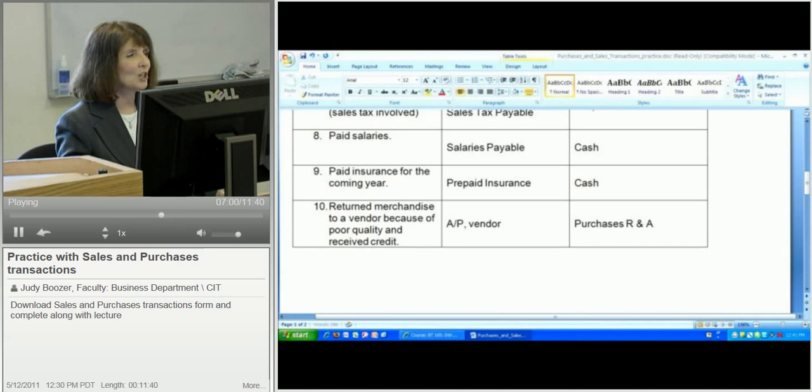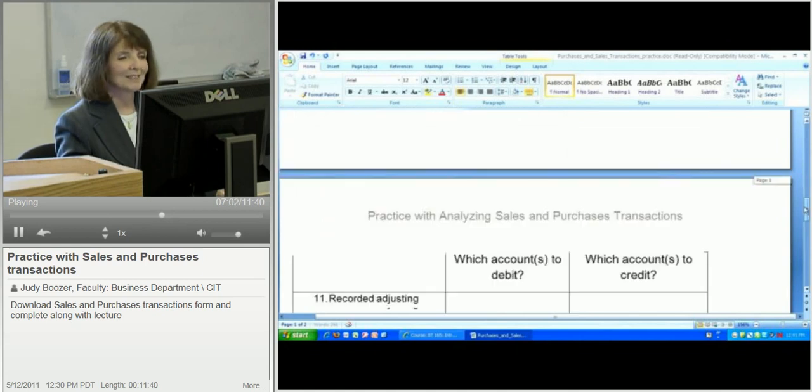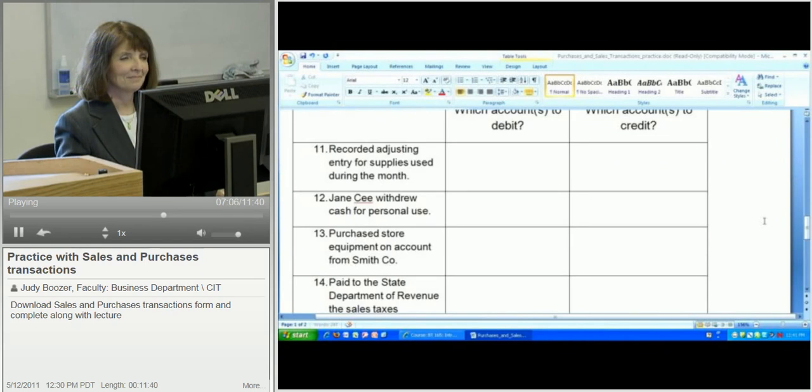All right, let's turn it over. There's more. All right. 11. Recorded adjusting entry for supplies used during the month. And again, this is an adjusting entry. Supplies used. Excellent. Supplies expense.